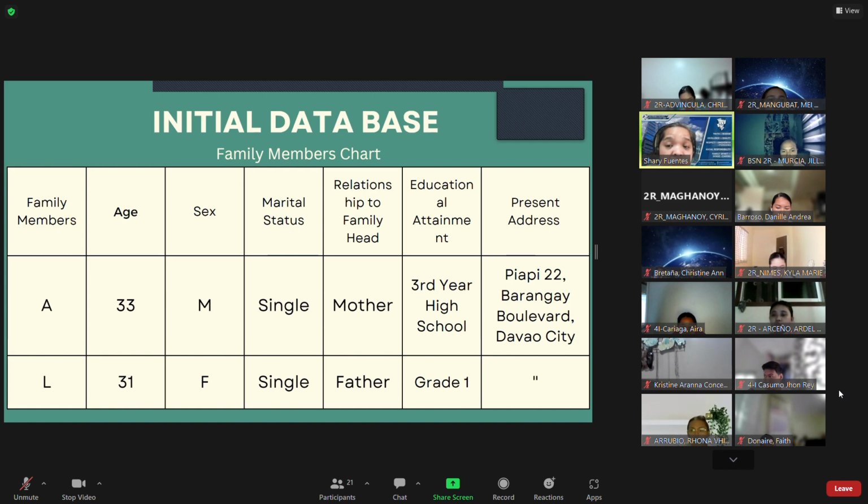So, kailan siya nag-move? So, when did they plan to have a family? Kailan sila nag-start ng family na yon? Is it the same father for the 3rd and the 4th pregnancy?